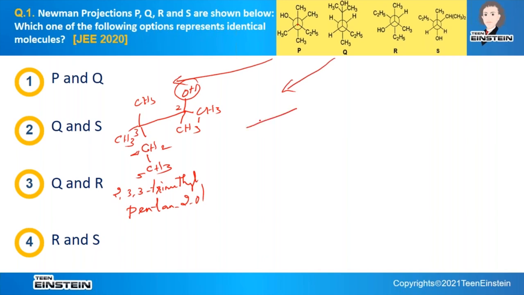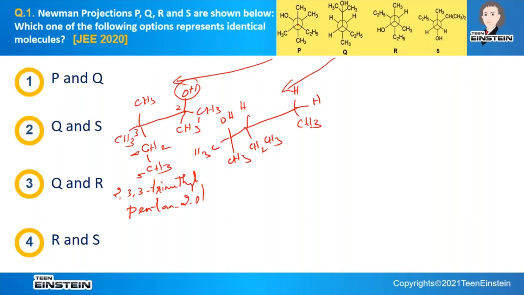Next, come to the Q structure. First we write down the Sawhorse projection. Here the first carbon contains one hydrogen, one OH group, one methyl group and one ethyl group, CH2CH3. The second carbon contains two hydrogens and one methyl group.